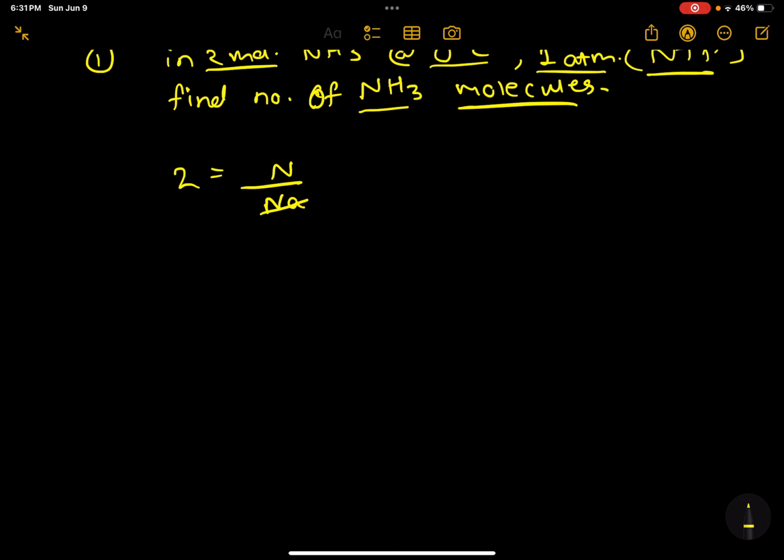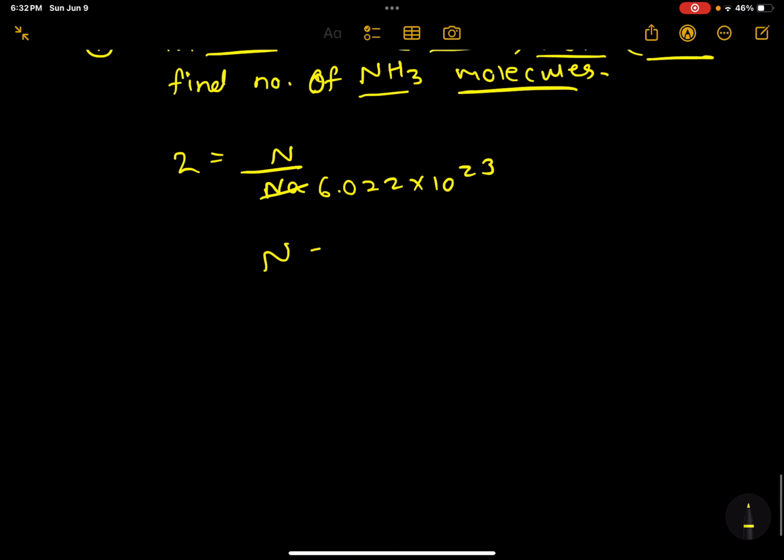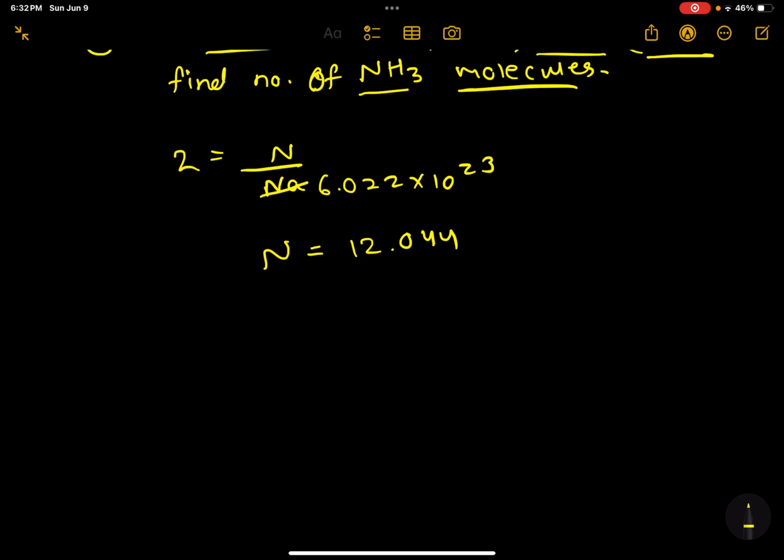So this is 6.022 times 10 to the 23. So N is equal to 2 times 6.022, which is 12.044 times 10 to the 23. So that is the number of molecules.